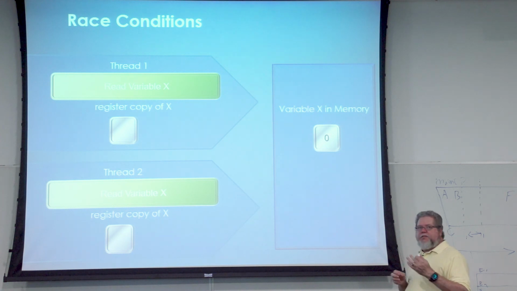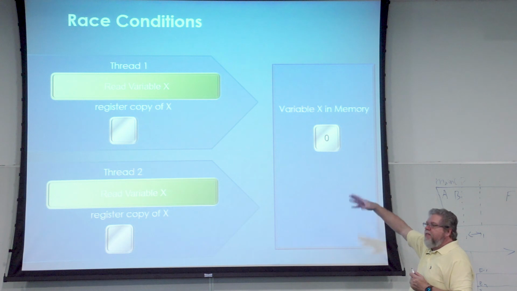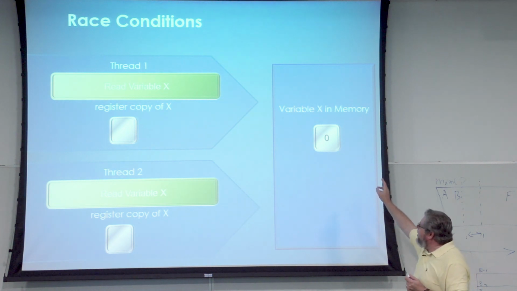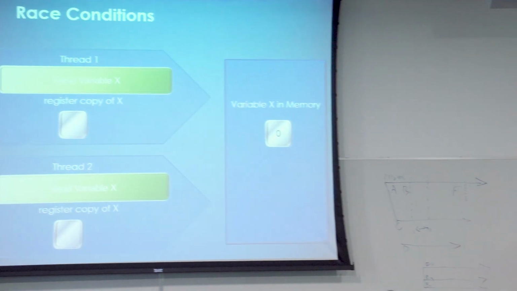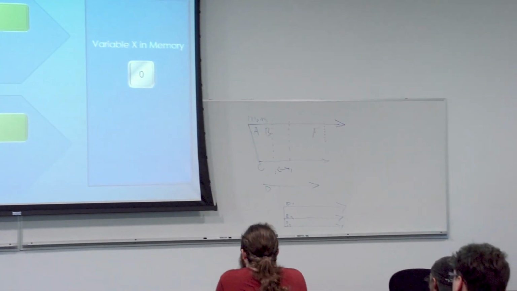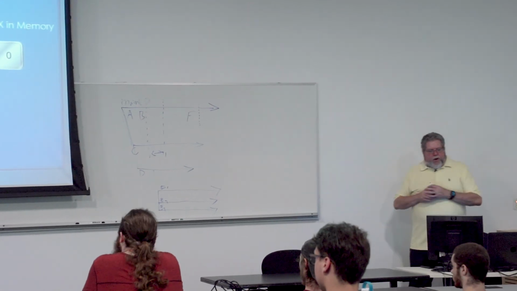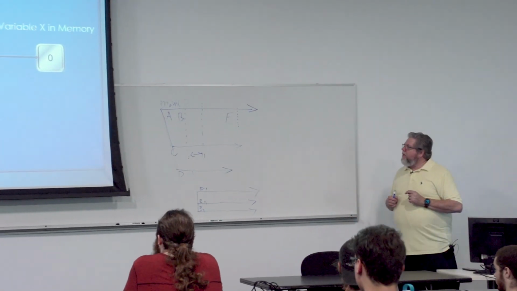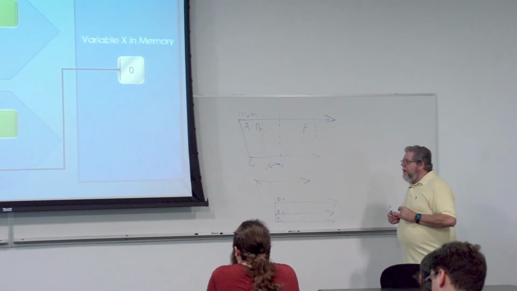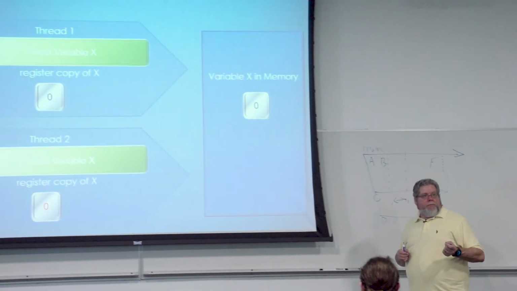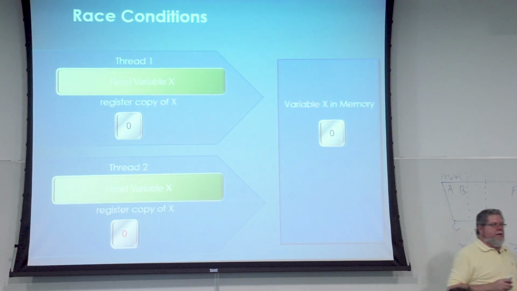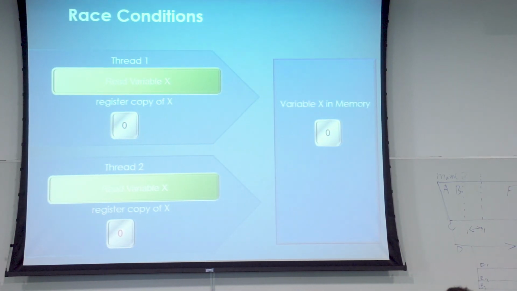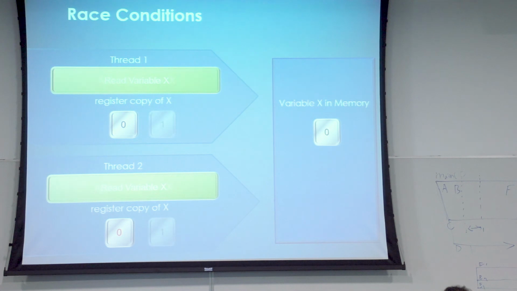In order to increment this from 0 to 1 and then from 1 to 2, whoever gets there first is going to have to copy what's in memory, the value for x, into its local register. So thread 1 gets there, and it copies the value in. And thread 2 shows up at about the same time, maybe at exactly the same time, and it does the exact same thing. And then they're going to increment it.